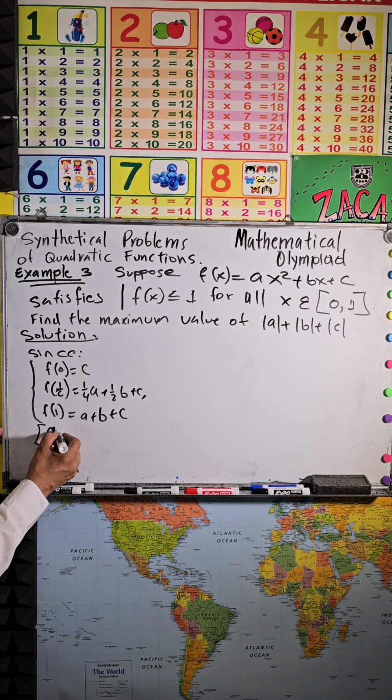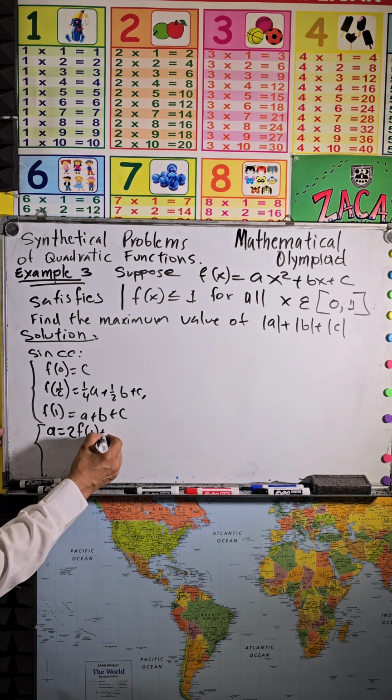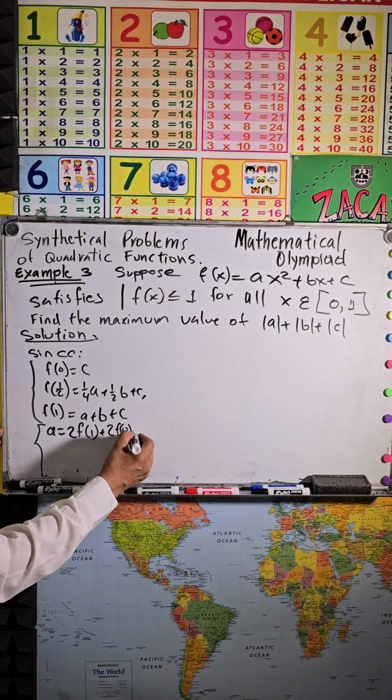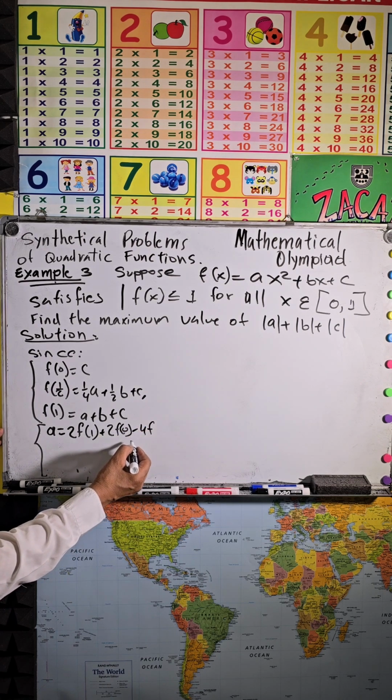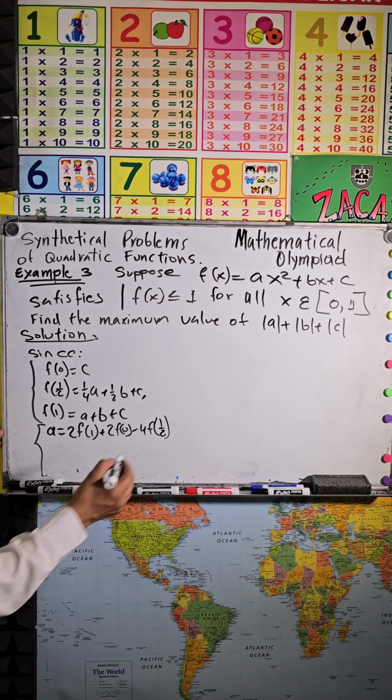So we need to know how much a is. Here a equals 2f of 1 plus 2f of 0 minus 4f of 1/2. All right, that's a.